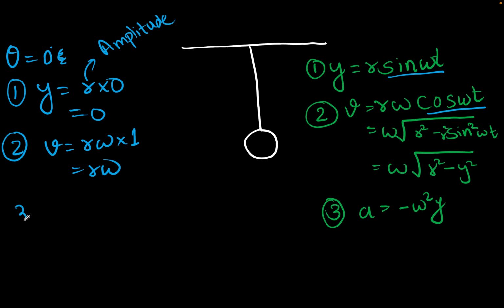Likewise, let's see about acceleration. Acceleration is minus omega squared y, and we know y is 0, so acceleration also is going to be 0. So this is the case when theta or omega t is 0 degrees.